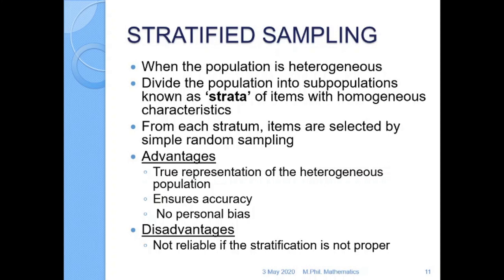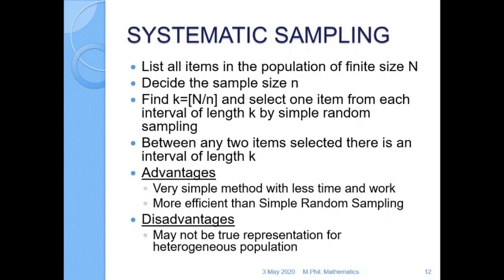From each stratum, we select sampling units using simple random sampling methods. This ensures accuracy and a true representation of the population. There is no personal bias. If the stratification is not proper, the result obtained will not be reliable.